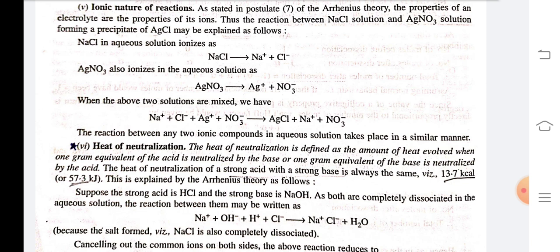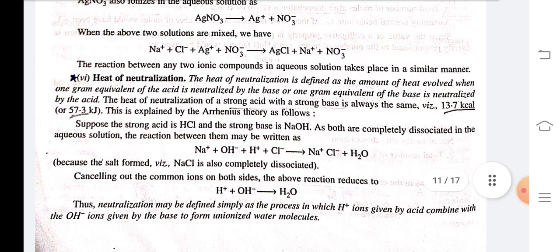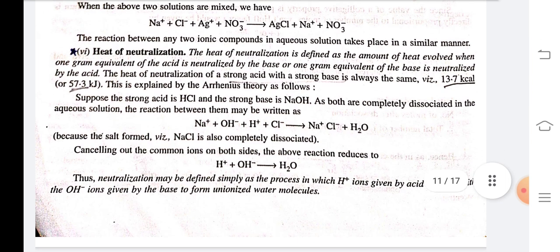AgNO3 also ionizes in the aqueous solution as AgNO3 gives Ag positive plus NO3 negative. When the above two solutions are mixed, we have Na positive plus Cl negative plus Ag positive plus NO3 negative gives AgCl plus Na positive plus NO3 negative. The reaction between any two ionic compounds in aqueous solution takes place in a similar manner.